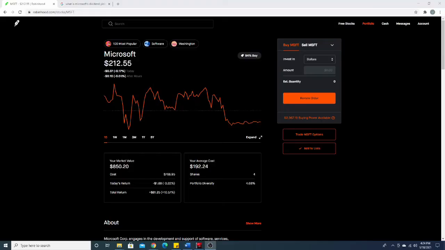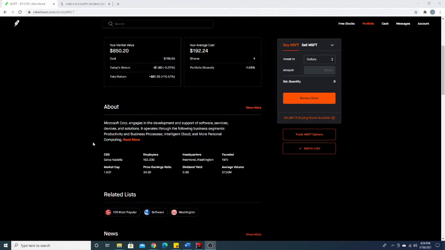All right, so now we're inside of Robinhood. I did select Microsoft because I did find that the dividend yield was different from Acorns to Google, so I'll just show you that. If you scroll down to under About, you'll have all this information, the CEO, where their headquarters is, but right here you'll see a dividend yield.